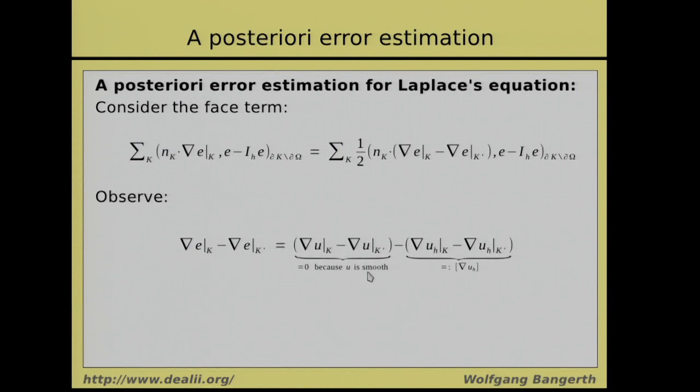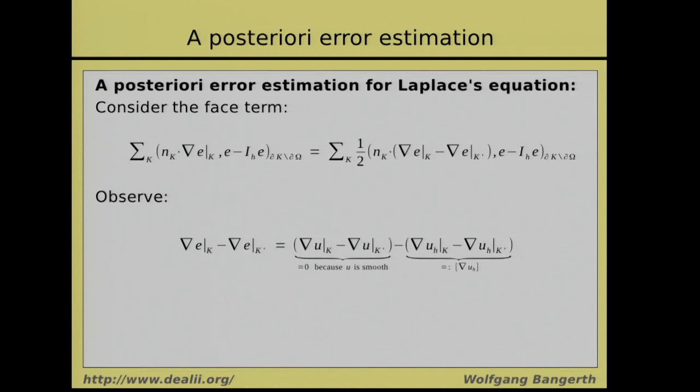Okay, so we know that the exact solution of the Laplace equation is smooth. So that means that in the interior it typically does not have kinks, and I need to have some regularity assumptions, for example that the right-hand side f has certain properties.